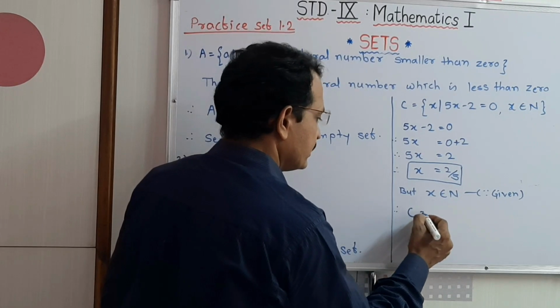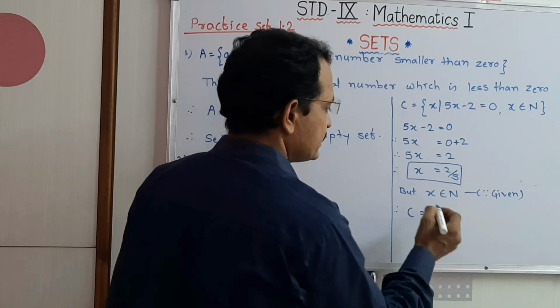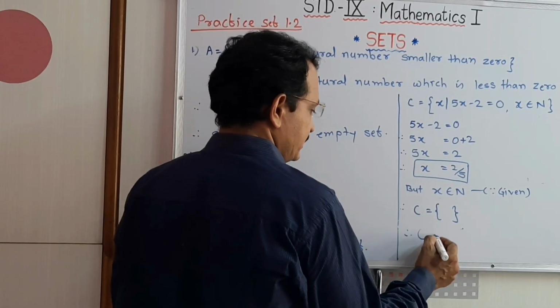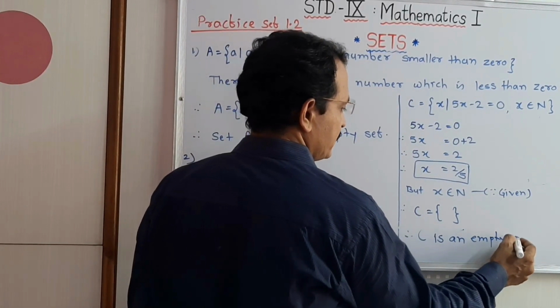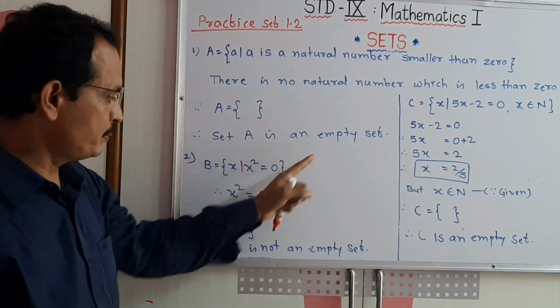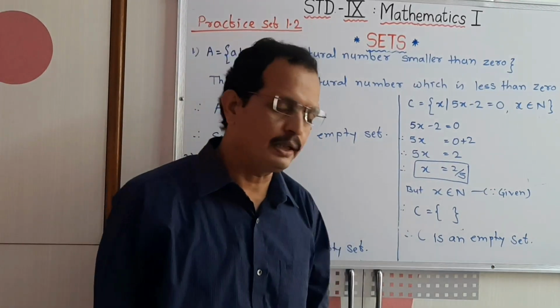Therefore, set C does not contain any element. Therefore, C is an empty set. Therefore, A is an empty set, B is not an empty set, and C is an empty set.